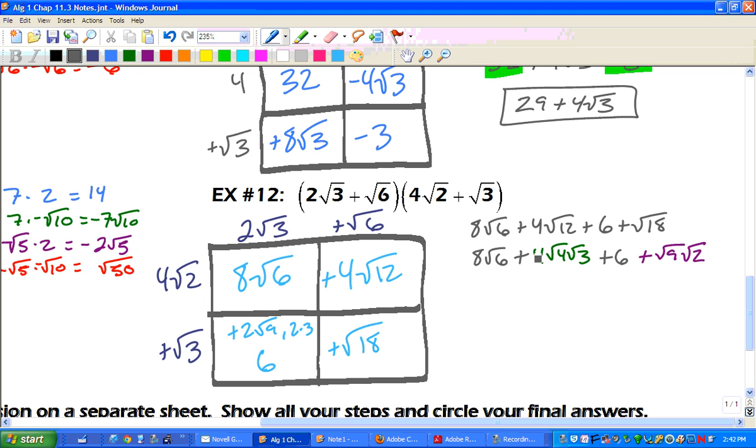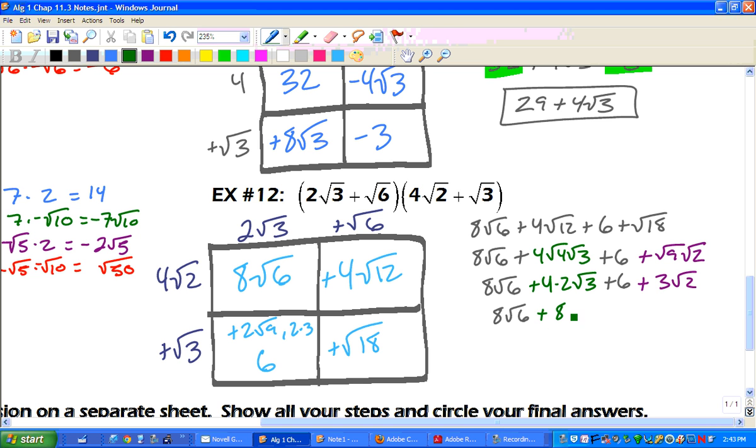Okay, so 8 root 6 plus 4 times 2 root 3 plus 6 plus 3 root 2. Okay, and now we have 8 root 6.